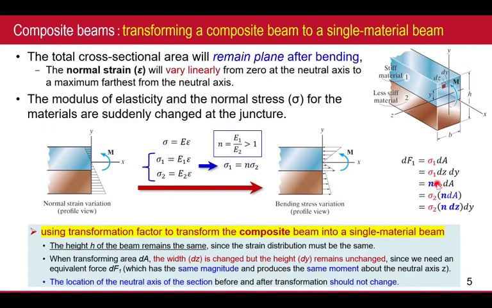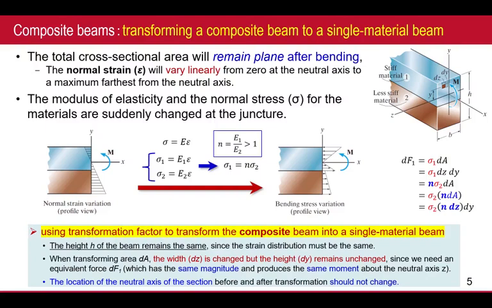Since sigma 1 is equal to n sigma 2, that means n sigma 2 dA. Sigma 2 times n, we can put inside because it's constant. So that's n dA, meaning sigma 2 times n dz dy, because we must keep y. Clear? Because y will be related to the normal stress.